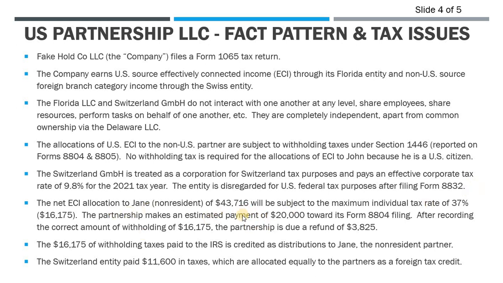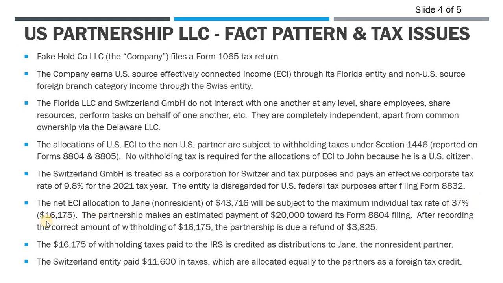Now, what we'll see here, and again, I'm going to go through the numbers on the K-2, K-3, and the 1065, so we're not just looking at them on the screen here, but what we're going to see is that the net ECI allocation to Jane, $43,716, is going to be subject to that maximum withholding rate of 37%, and that's because Jane is an individual, right? So 37% for allocations to individuals, 21% for allocations to foreign corporations, if those were the partners in the entity.